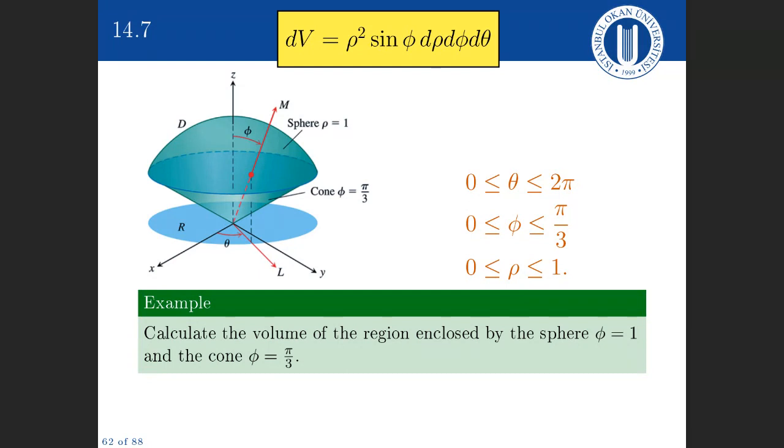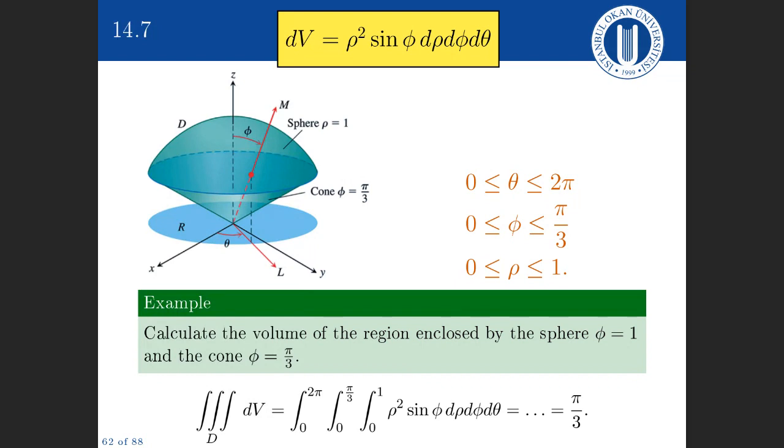Next, what values can phi take? We're inside the cone, so we're between the z-axis and the cone. The z-axis has phi equal to 0 and the cone has phi equal to pi over 3. So phi must be between 0 and pi over 3. What about rho? Rho goes from the origin to the sphere. So rho must be between 0 and 1.